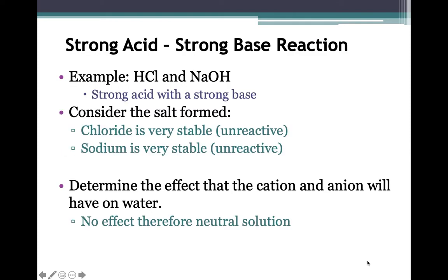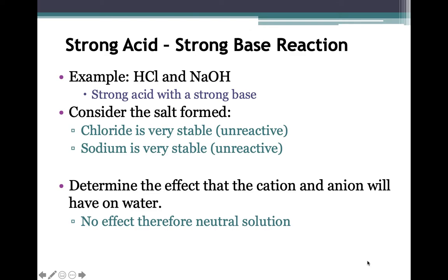When I form chloride ions from HCl, I get a very stable, unreactive anion. When sodium hydroxide dissociates, creating hydroxides in solution, sodium is a very stable cation, and it is also very unreactive. So this will not have any effect on our pH because we have two unreactive products.